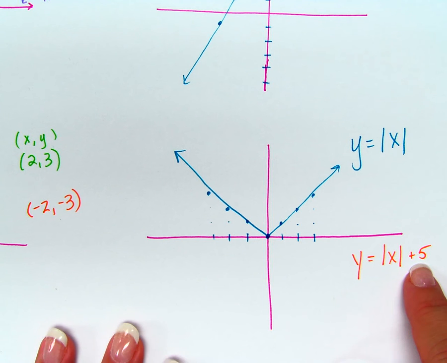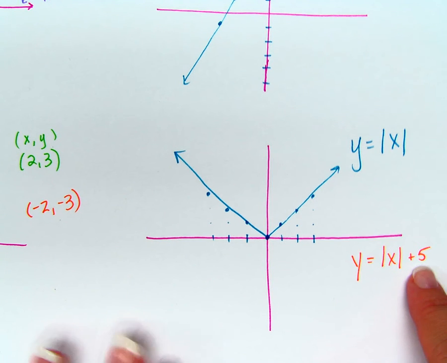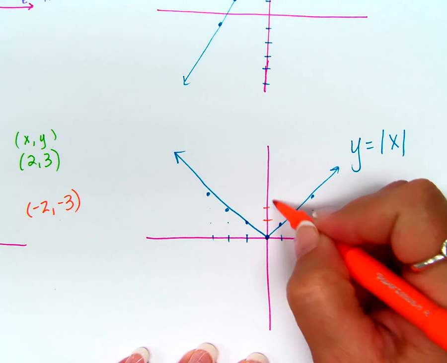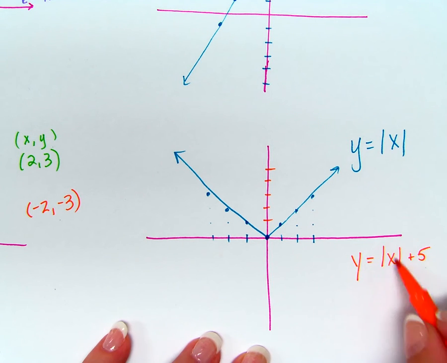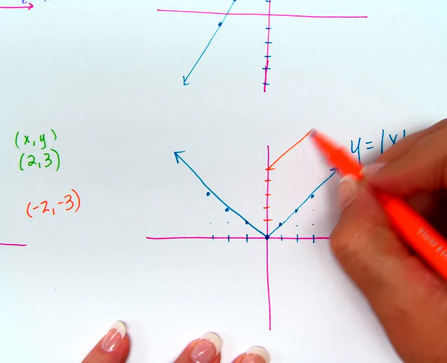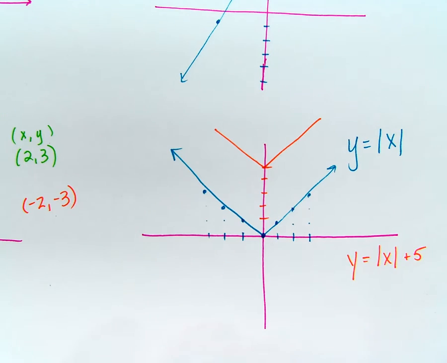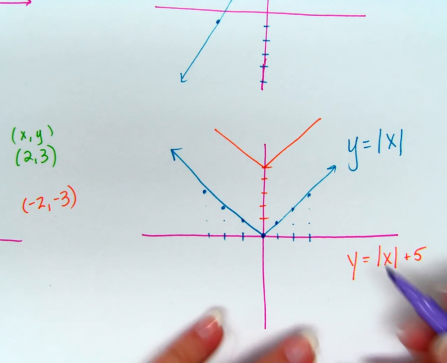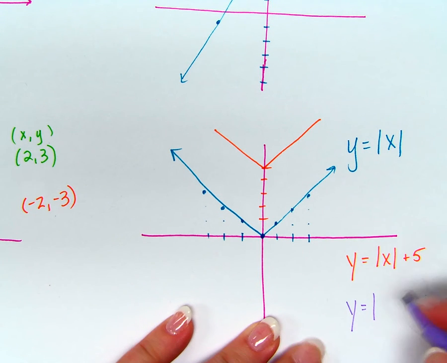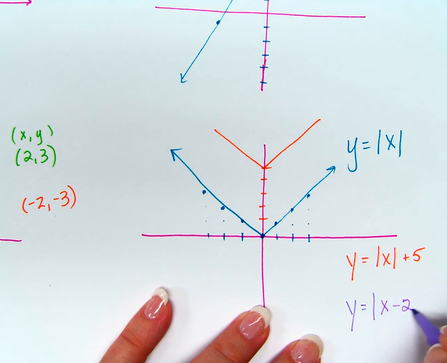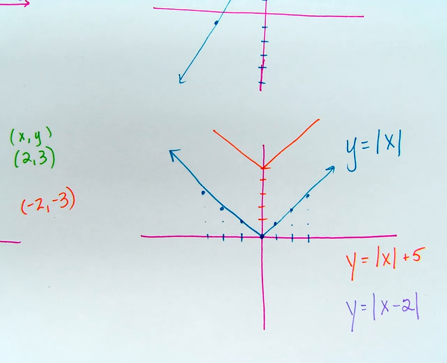This 5 is on the outside of the function. That's a vertical change. I move up 5. I know it's still parent function shape because there's no multipliers here. So it's just the same V, 5 higher than it was before. You remember that? What about that one?